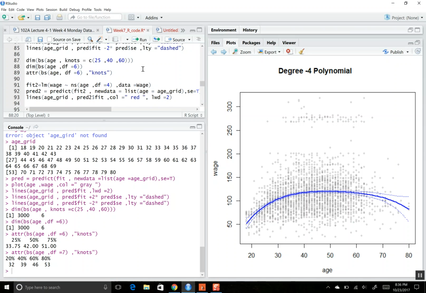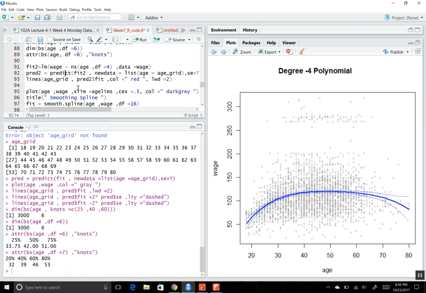The other option is the natural spline, and we also have the smoothing spline. We didn't get super into the details of the natural spline or the smoothing spline. Pretty much they're very similar and related to basis splines.